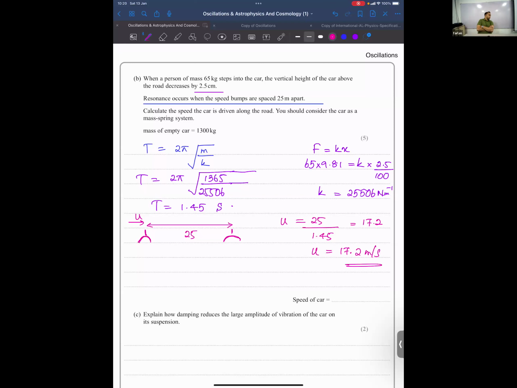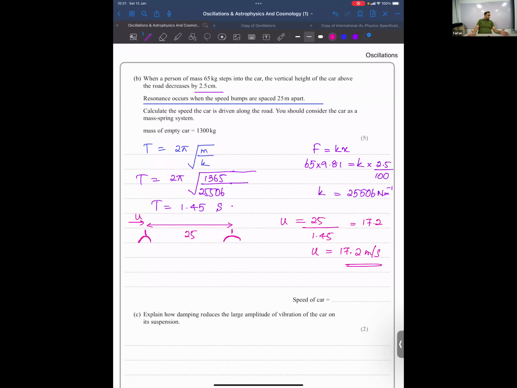T is the time taken for one complete oscillation for this spring system. If that is exactly equal to the time taken between the two bumps, that's where the natural frequency is equal to the driving frequency, right?